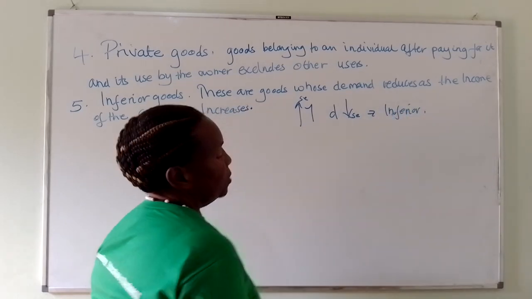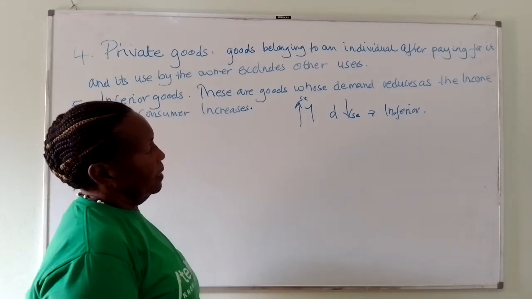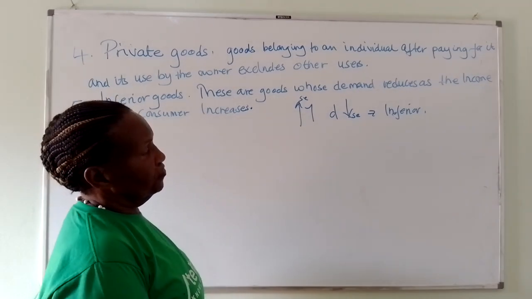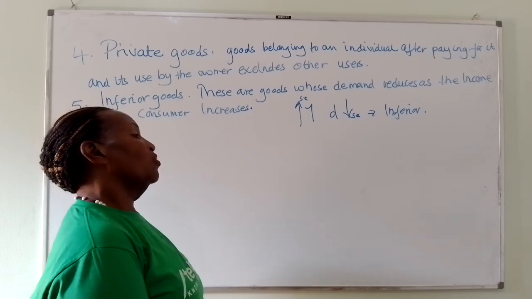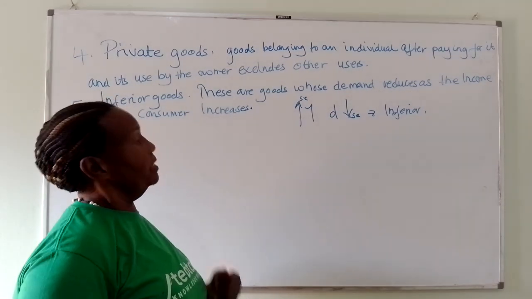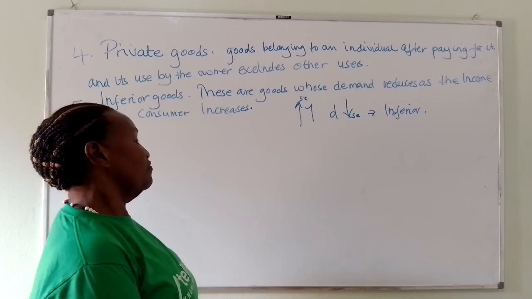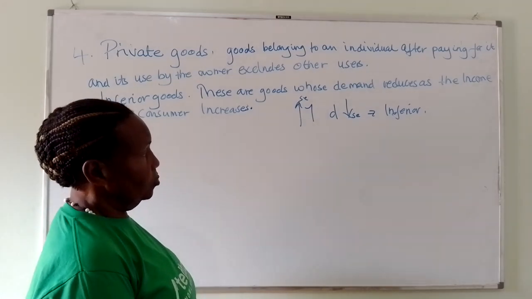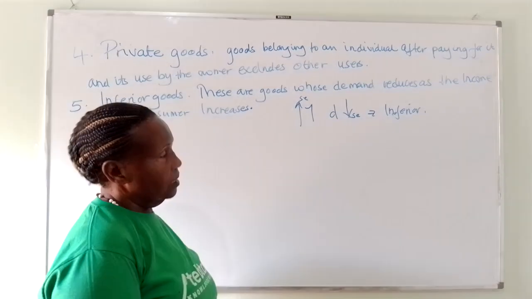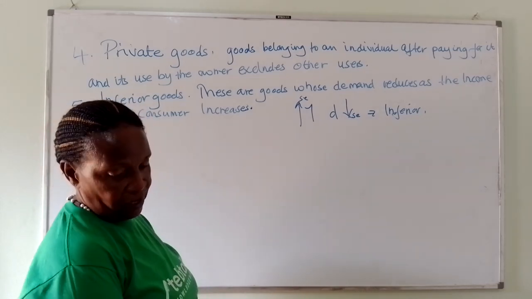Because you have a bigger income, it is not in line with your status to continue using those goods. If you get rich, you feel very bad to ride a bicycle, though health-wise it is very important. Some people think that it's the poor people who ride bicycles, and they should be in cars. So somebody who has a higher income will discard the bicycle, have a car, and regard the bicycle as an inferior good.